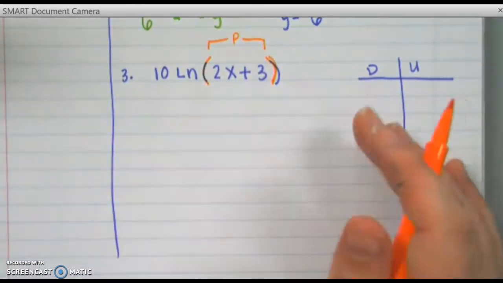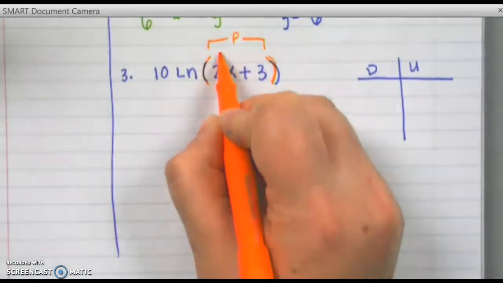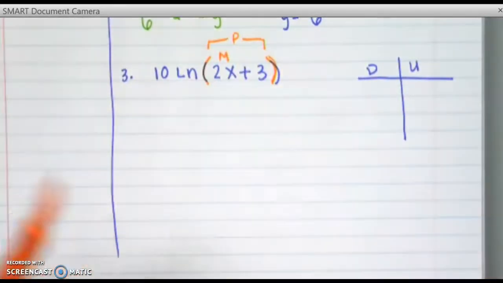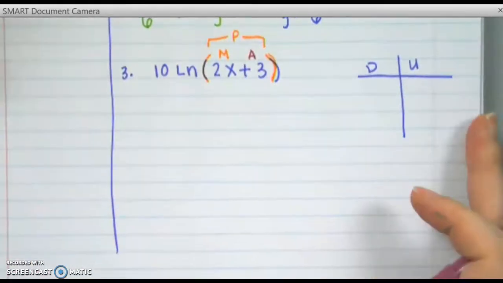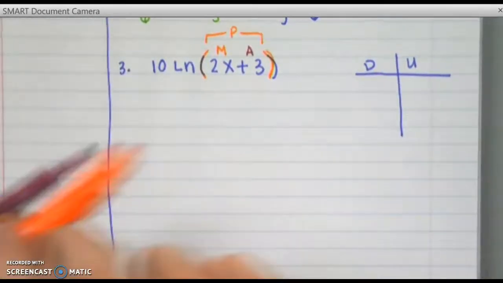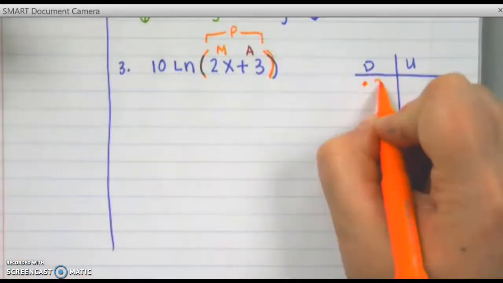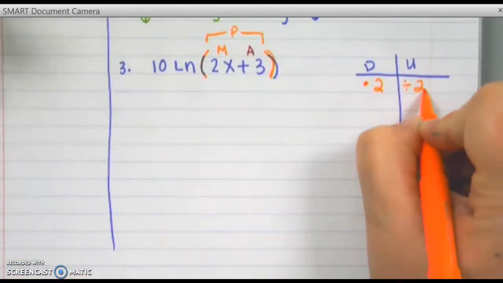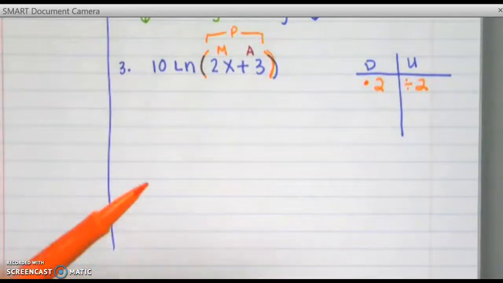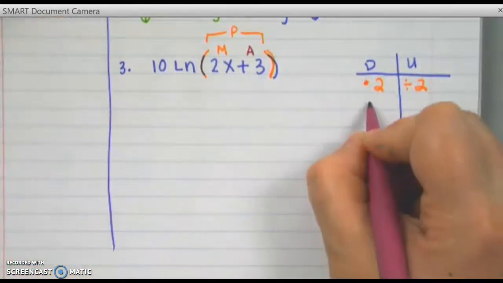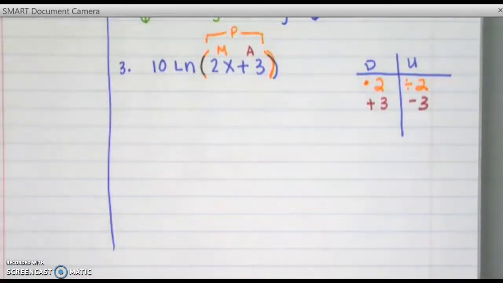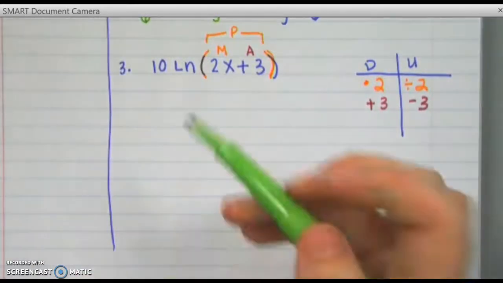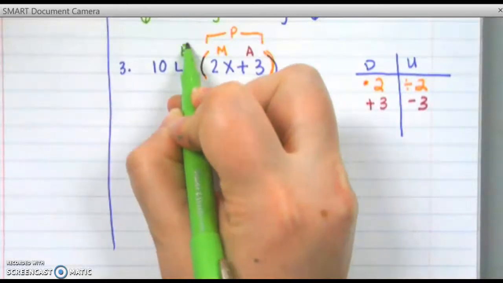So within the parentheses, I have multiplication, and I also have addition. So multiplication would go first. So multiply by 2 is first, and then I would tackle the +3.